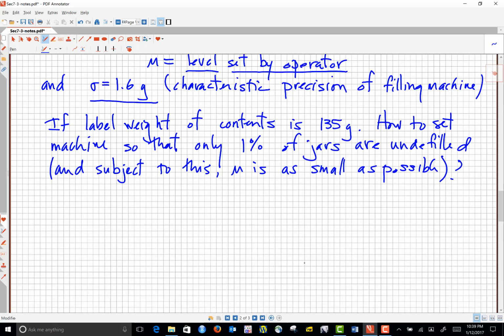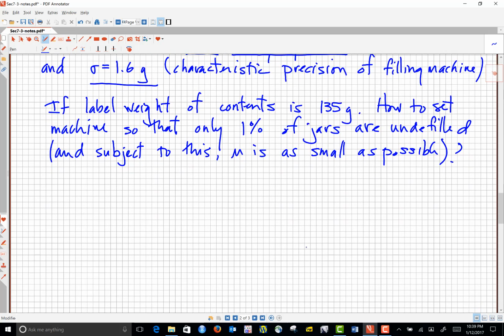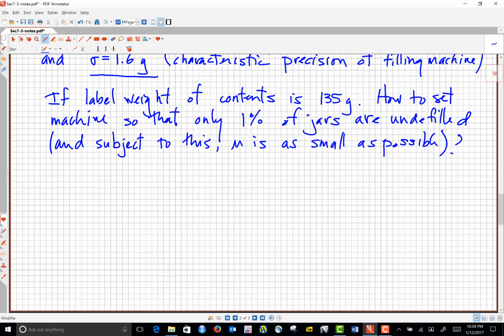The net weight, the label weight of the contents of the jar, is 135 grams. So here is the weight, and a manufacturer or a food producer is promising 135 grams.